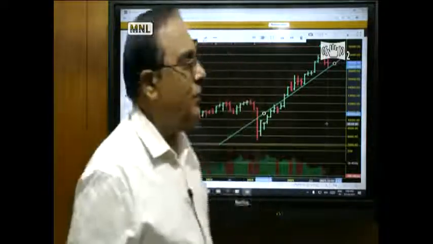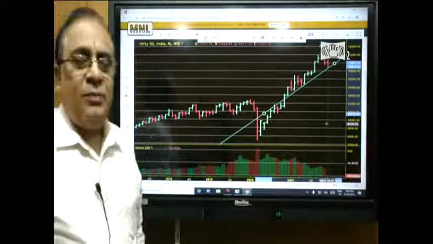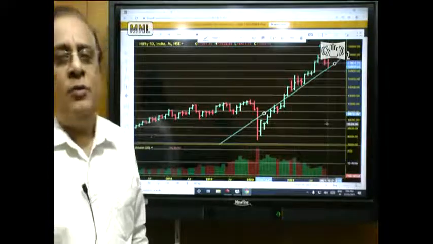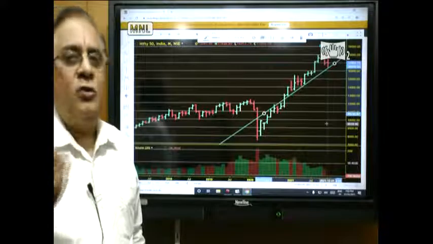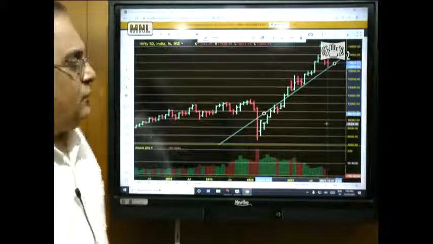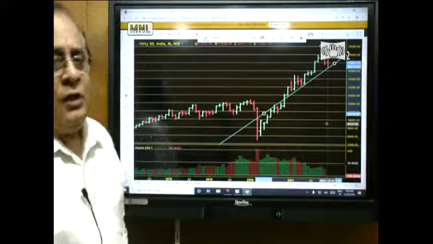So approximately a 12% fall has already taken place. So there is a good chance that the correction could be over, because not many times do we get such corrections beyond 10 to 12%. So this correction seems to have happened, and there is a good amount of support based on the trend line.